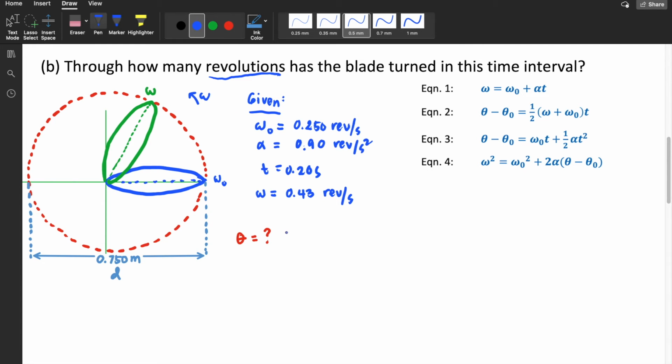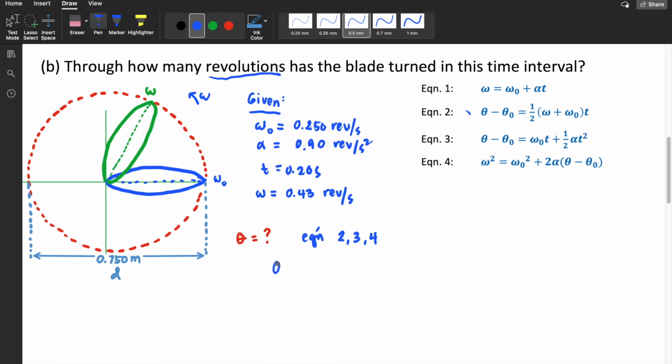So here, you could use equation 2, 3, or 4. The easier nga equation to use is this one. Okay, so I'm going to use equation 2 for this case, but you may try also using 3 and 4.